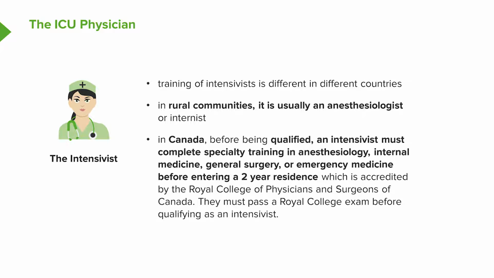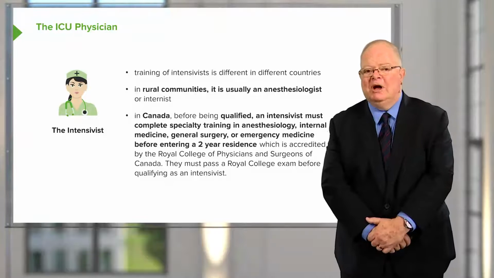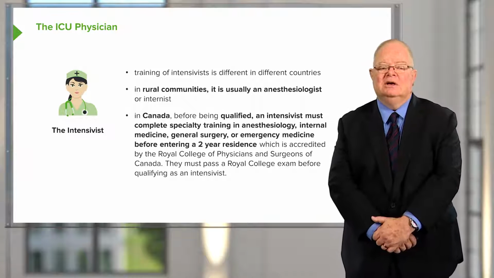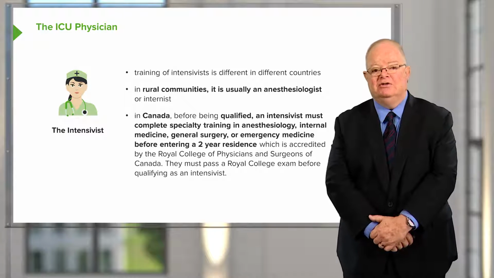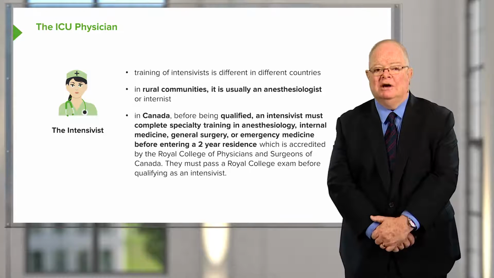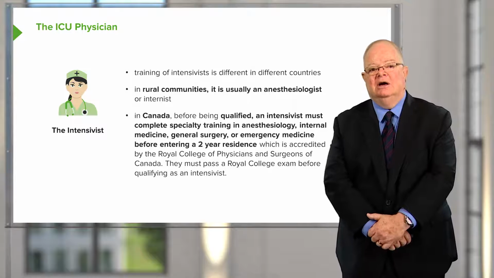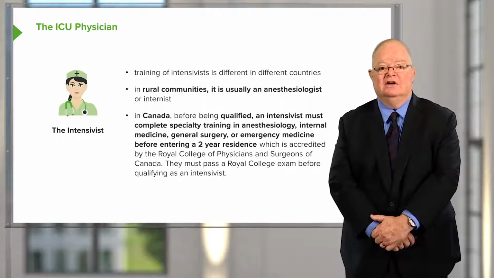This is a further 2 years of training in which they learn how to deal with all kinds of ICU patients. This varies from country to country, but in Canada it takes, on average, 7 to 9 years after completion of medical school before one completes their intensive care residency and is classified as an intensivist.